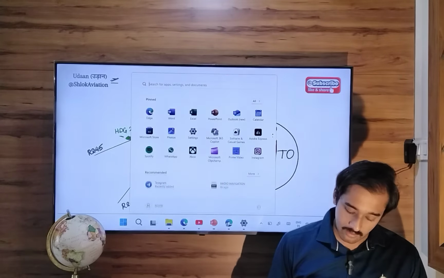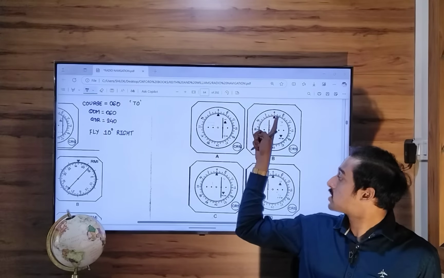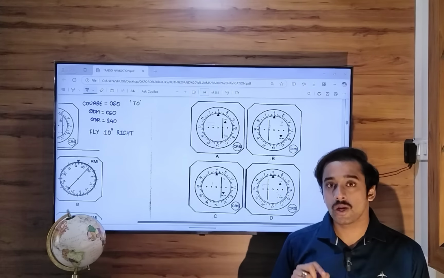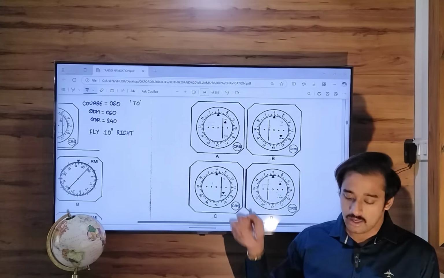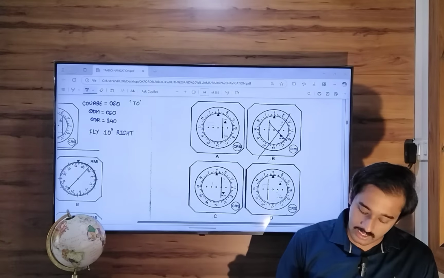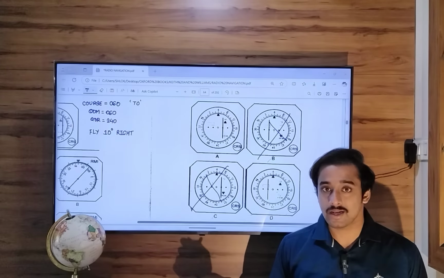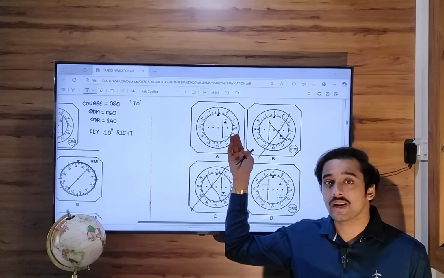So the correct diagram here will be, first check all the selections are 060, that's fine. The to and from indicator should show you TO indication. So TO indication and TO indication. Eliminate options Bravo and Charlie. And then the CDI needle should go to the right hand side. So only figure A has a CDI needle deflected to the right.